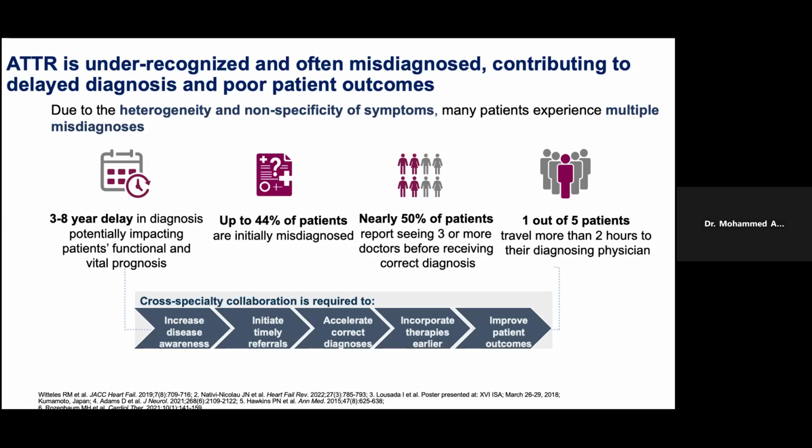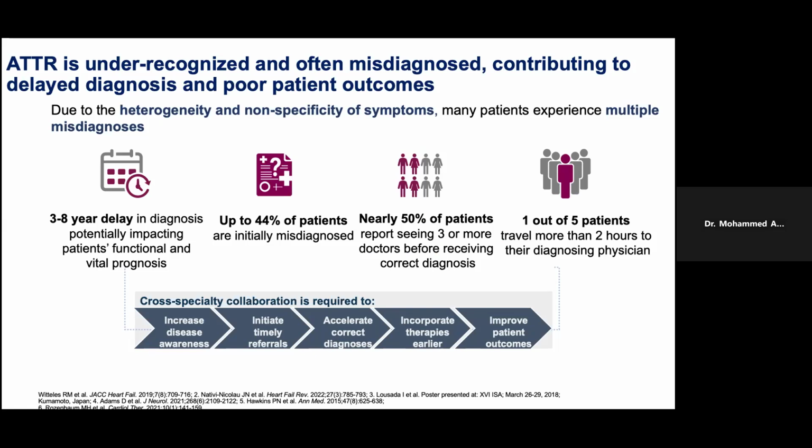Despite recent advances in diagnosis and treatment, ATTR cardiomyopathy remains underdiagnosed and frequently misdiagnosed, resulting in delayed diagnosis and missed opportunities for early treatment, such as heart failure, neuropathy, carpal tunnel syndrome, and gastrointestinal manifestations. Consequently, the average diagnostic delay is 3 to 8 years, allowing progressive amyloid deposition and irreversible organ damage.